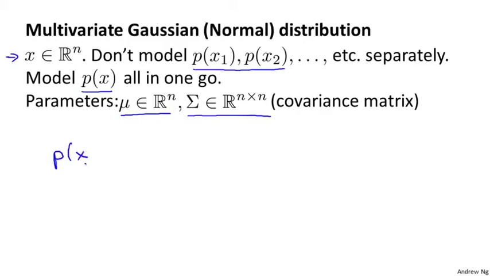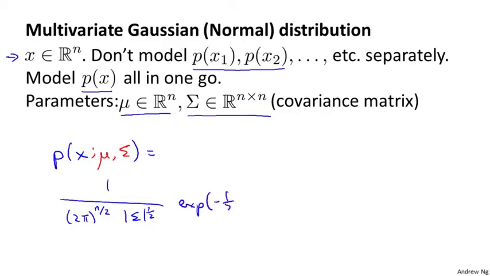So we say that the probability of x, parameterized by my parameters mu and sigma, is equal to, once again, there's absolutely no need to memorize this formula. You can look it up whenever you need to use it, but this is what the probability of x looks like: x minus mu transpose sigma inverse x minus mu.